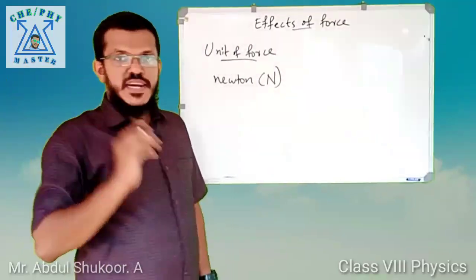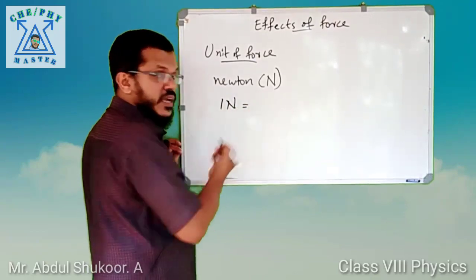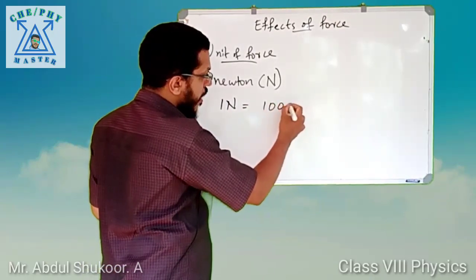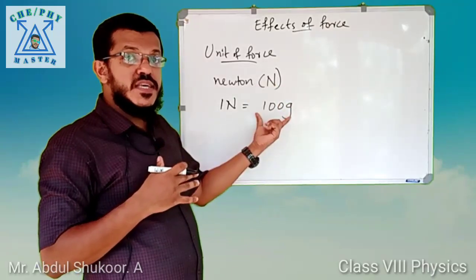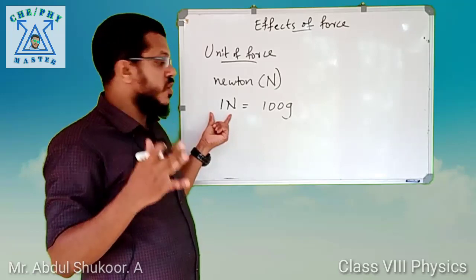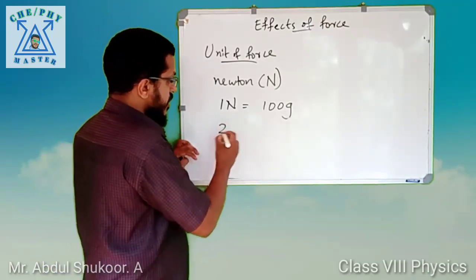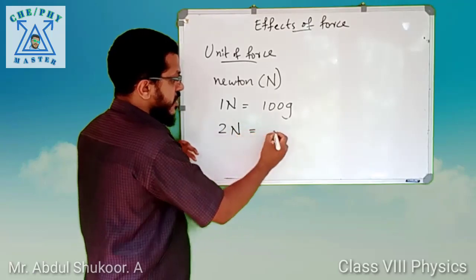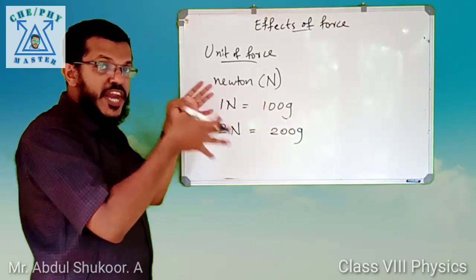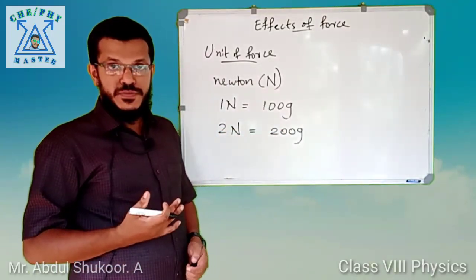I said that 1 Newton force is approximately equal to the weight experienced for a 100 gram mass. Then what about 2 Newton? 2 Newton means approximately the weight experienced for a 200 gram mass.